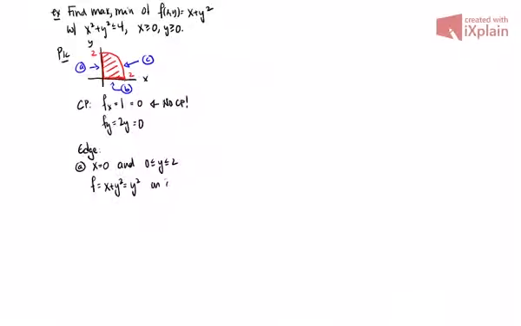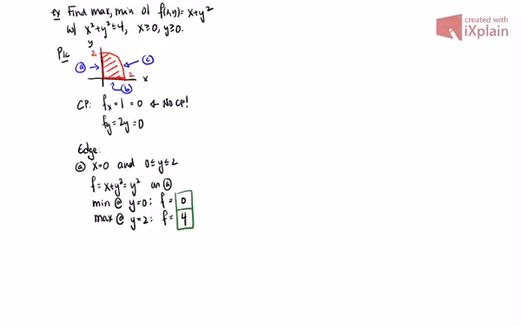Again, this is on A. The minimum will occur when y is 0. Here, f will be 0. The maximum will be at y equals 2, and f will be 4. So box those up, keep those in mind.